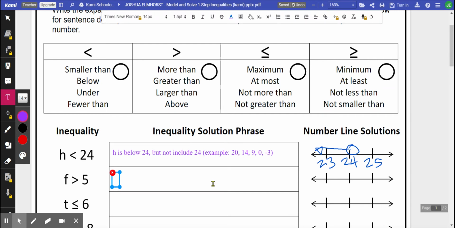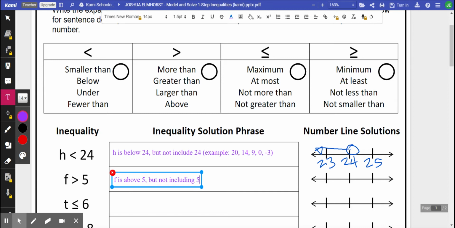So F is, we go over here, let's say above, we can choose one of the vocab words. So we chose above. F is above 5, but not including 5.